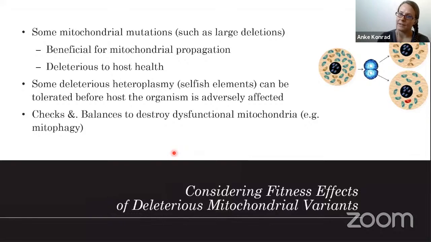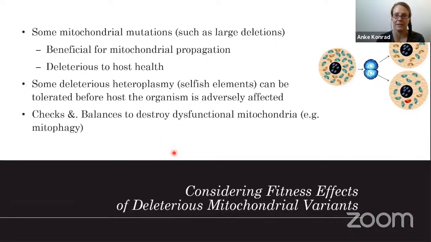Now, just because a variant is deleterious to the host doesn't mean that it is deleterious to the mitochondrion itself, though. It could be beneficial to the mitochondrion because it might help the mitochondrion reproduce faster. So essentially what you're looking at then is a mitochondrial selfish element.